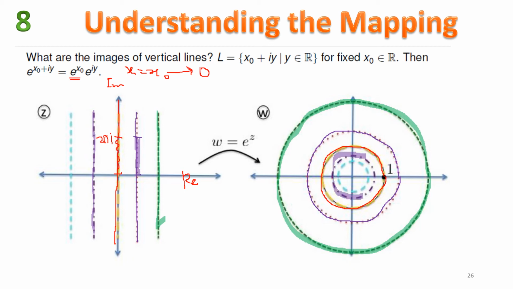This circle, this one, and then further for this value of x which is negative, we are having again a circle of smaller radius, and that will go on getting smaller and smaller in radius.